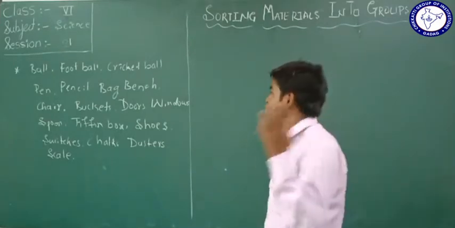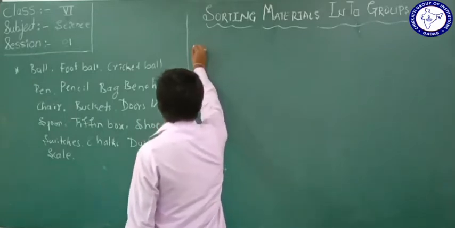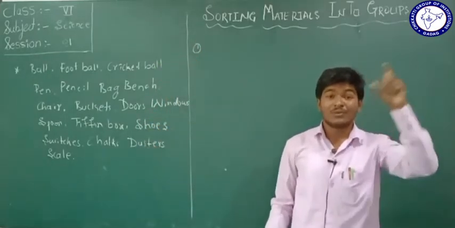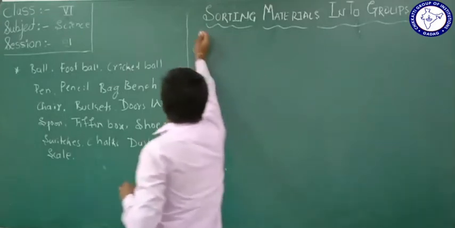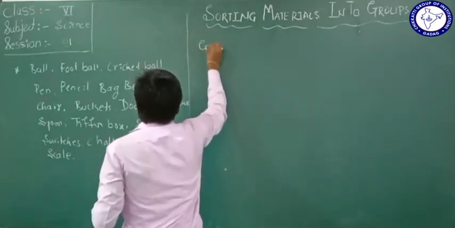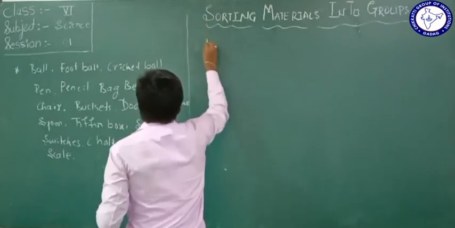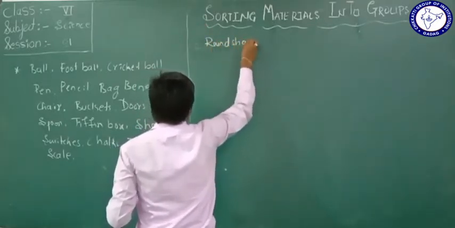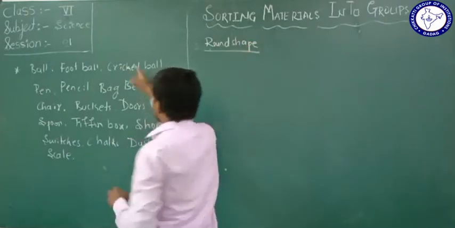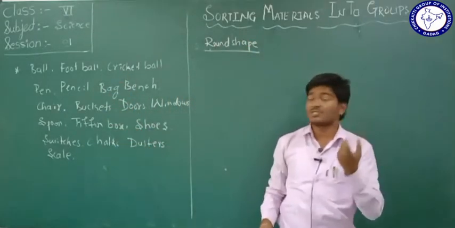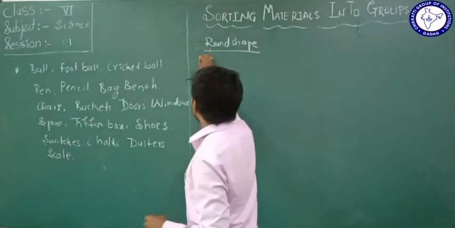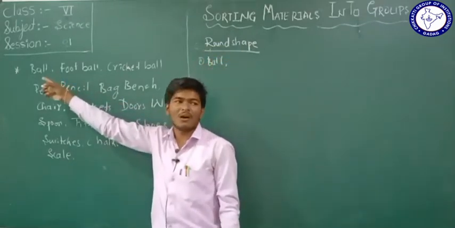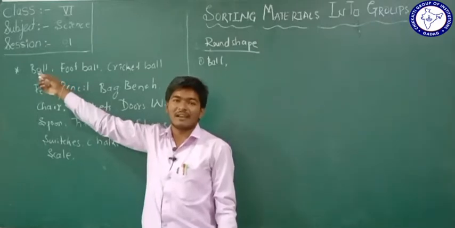Have you understood? First I am considering, you have to tell me the materials which have a round shape, so grouping the materials based on round shape. First one I am considering here is ball. Whether it is a cricket ball or any ball, it is in a round shape.